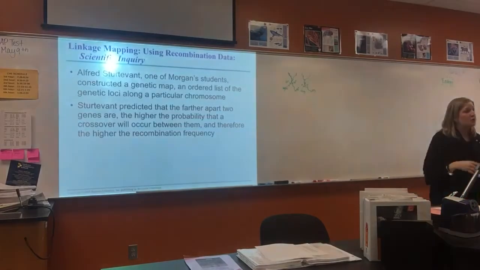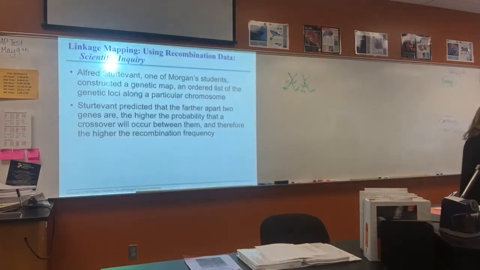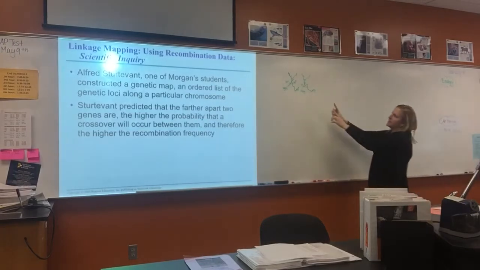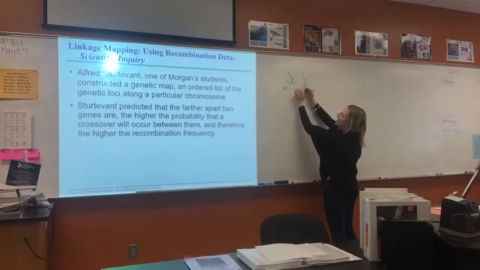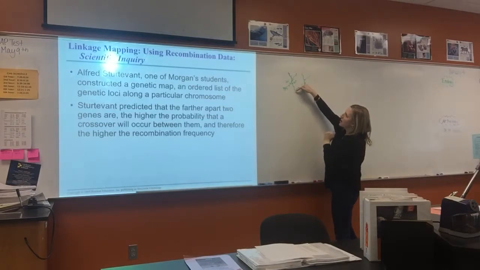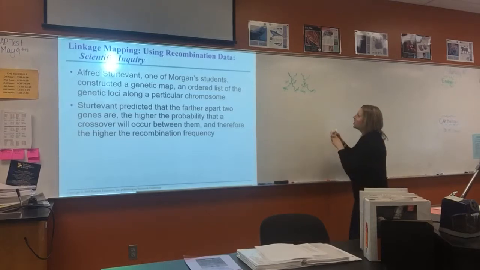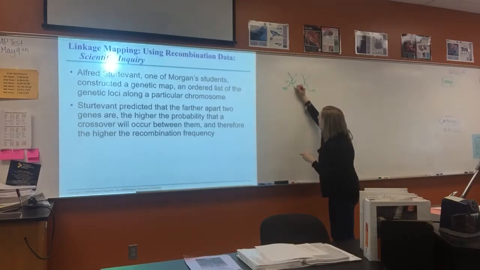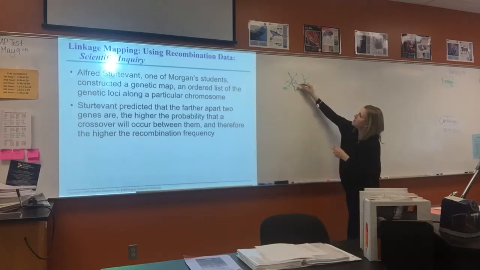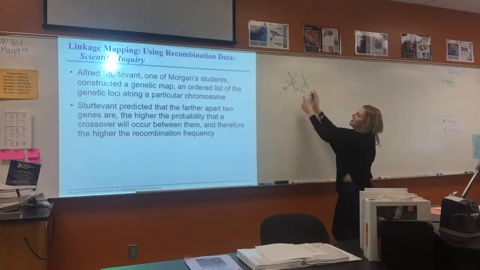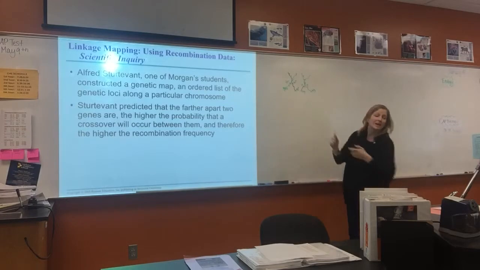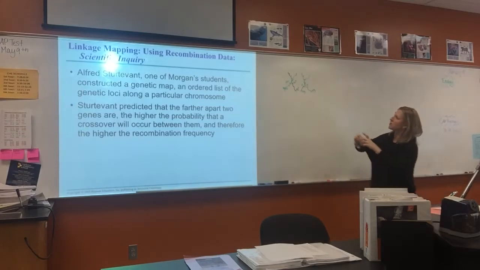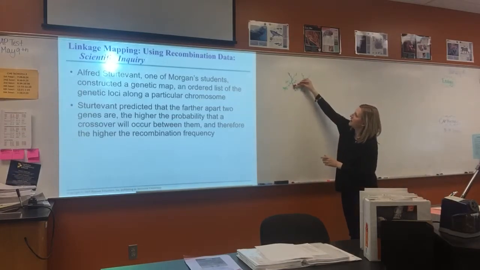For crossing over to occur and to get a new combination, these 2 arms have to cross over somewhere in between the VG plus gene and the B plus gene. So in the room in between the B gene and the VG gene, these two arms can cross over at any point there, so they could cross over here, here, here, here, here.